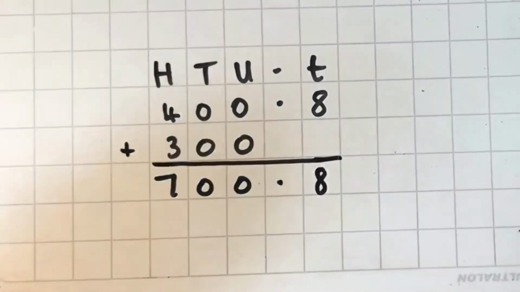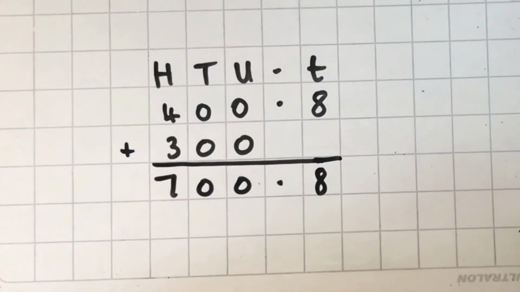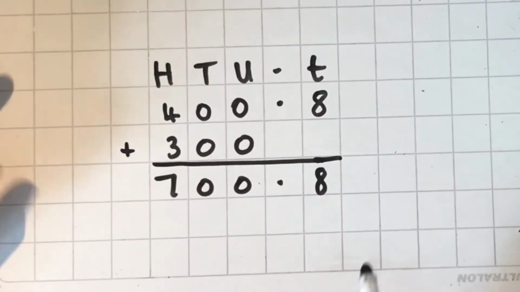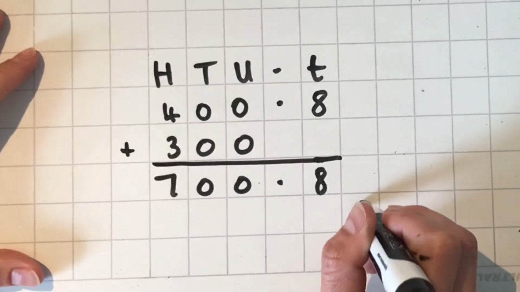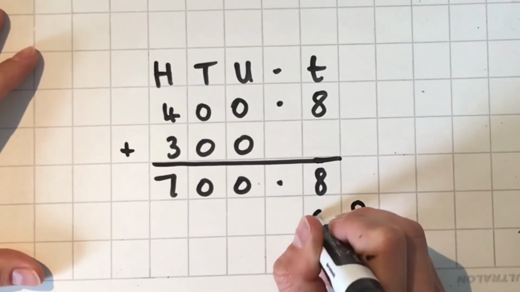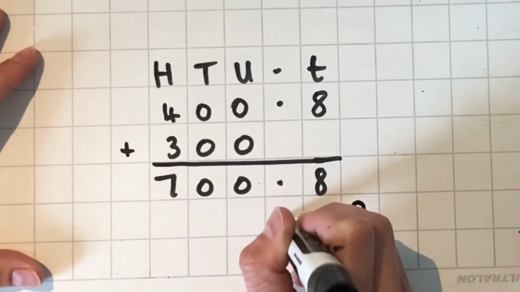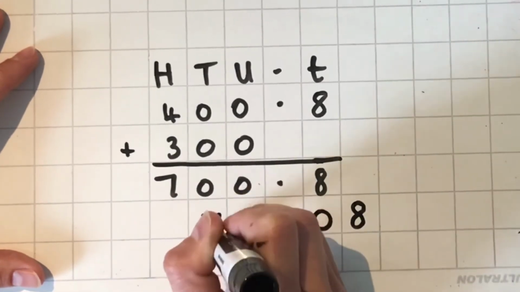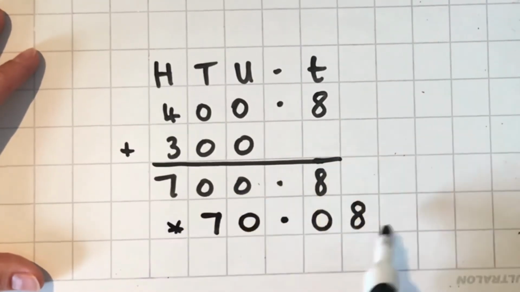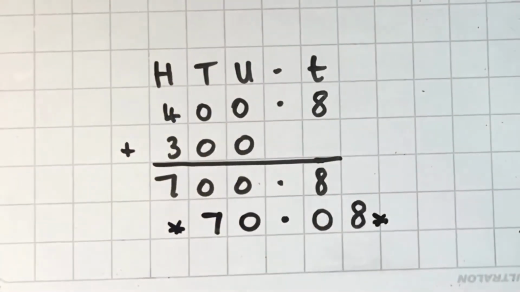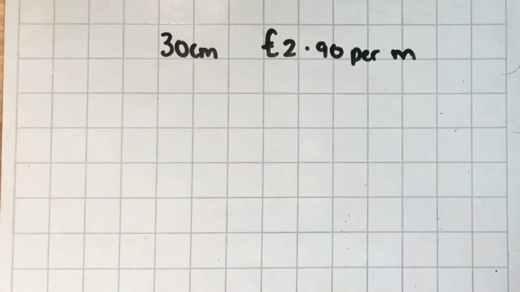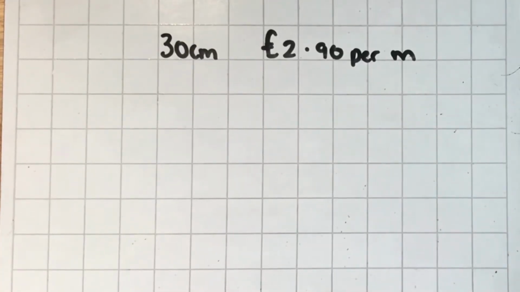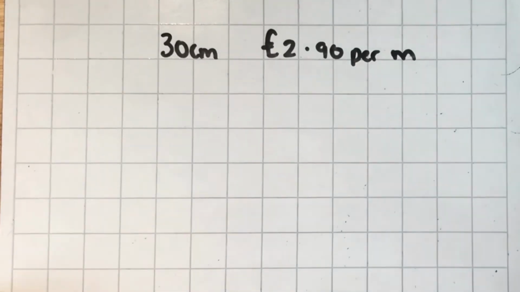Now that's not your answer, because then Peter divides that by 10, so every digit moves one place to the right because it's getting smaller. So your 8 goes there, your 0 moves there, your decimal point doesn't move, your 0 and your 7. So your answer is 70.08.